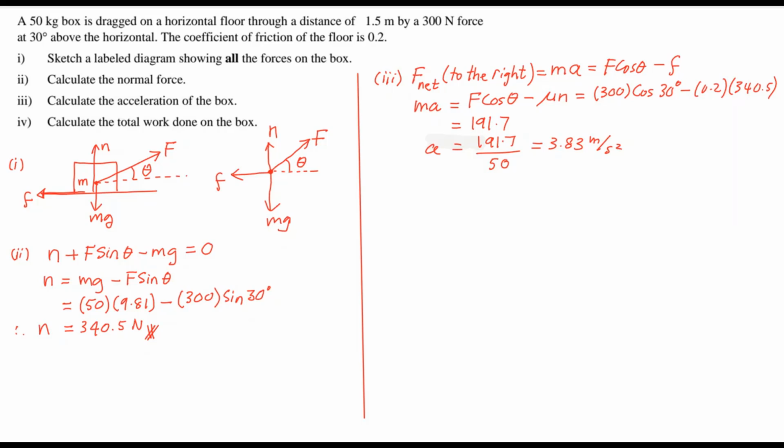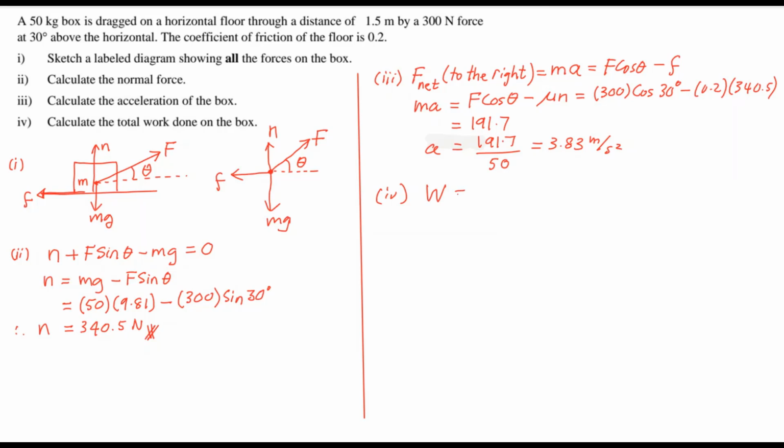And the fourth part of the question is to calculate the total work done on the box. Total work done is calculated using the resultant or net force multiplied by the box displacement.